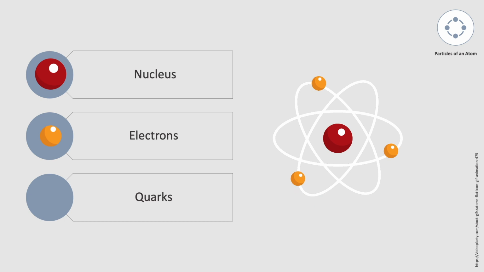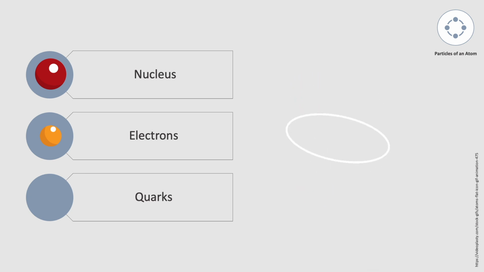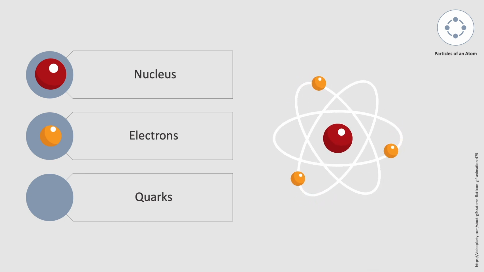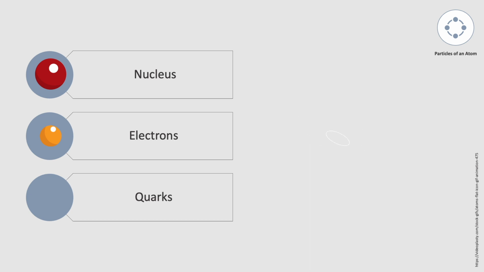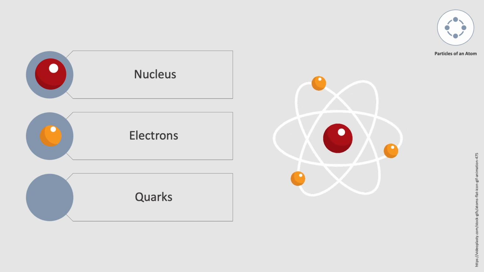Now let's take a look at what's around the nucleus. In the animation, the electrons are depicted as orange circles flying along the white lines. In reality, the electrons surround the atom in cloud-like shapes called orbitals. The white lines represent the orbitals.